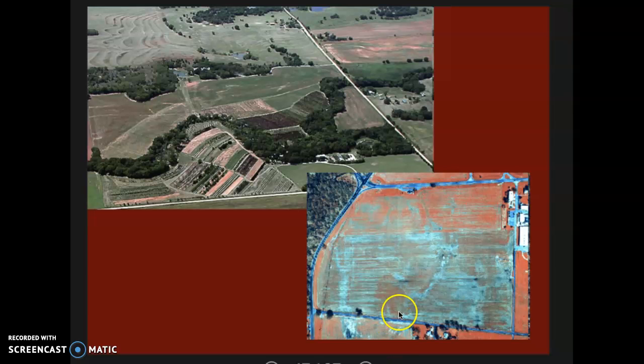So in your lab, I'm going to ask you to look at these particular images and use the land use, land cover classification system that I provide in a handout to identify what's going on here.